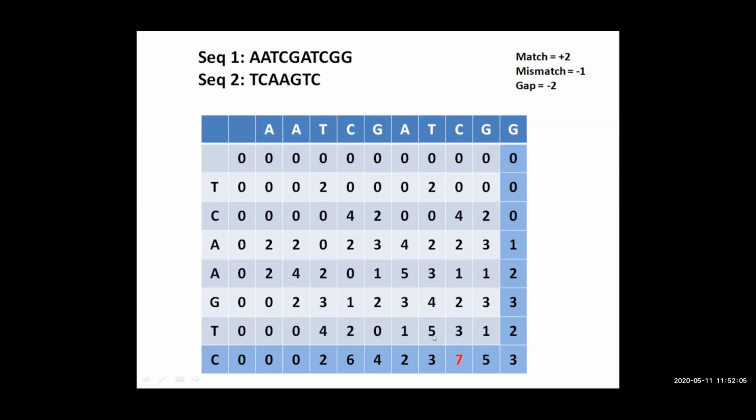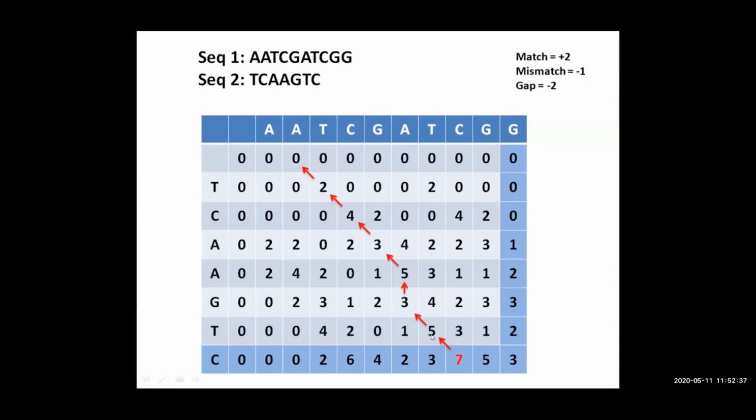But when you calculate from this cell, 5 is the original value, and C to C, there is a match. Because C to C is a match, it will take the match score plus 2. So 5 plus 2 is equal to 7. So 7 we have obtained from 5. So we will trace it back. 7 has been obtained from 5.